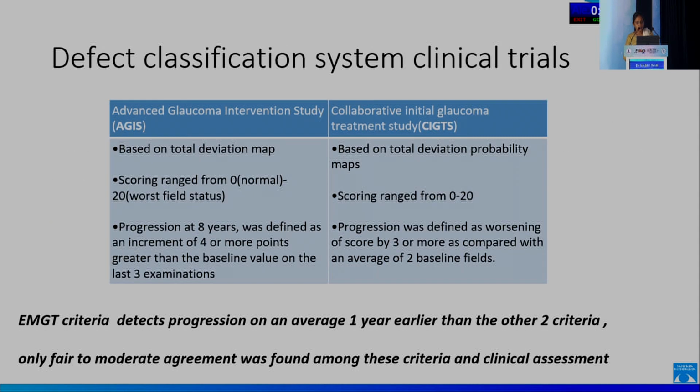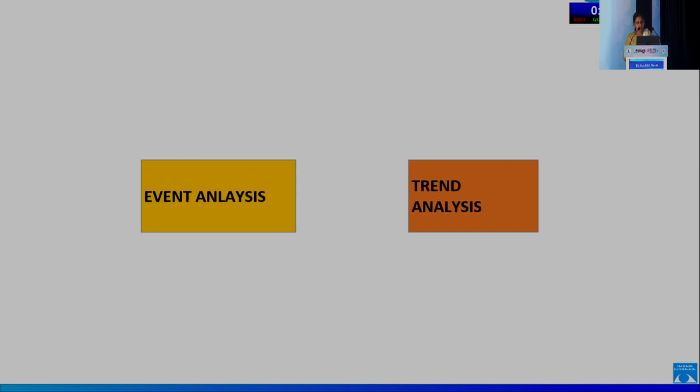The other classification systems are based on the Advanced Glaucoma Intervention Study and the Collaborative Initial Glaucoma Treatment Study, where there is a scoring system between 0 and 20, 0 being normal and 20 being the worst field status. They were both based on total deviation maps. The EMGT criteria detect progression on average 1 year earlier than the other 2 criteria, and there is only a fair to moderate agreement among these criteria and clinical assessment.